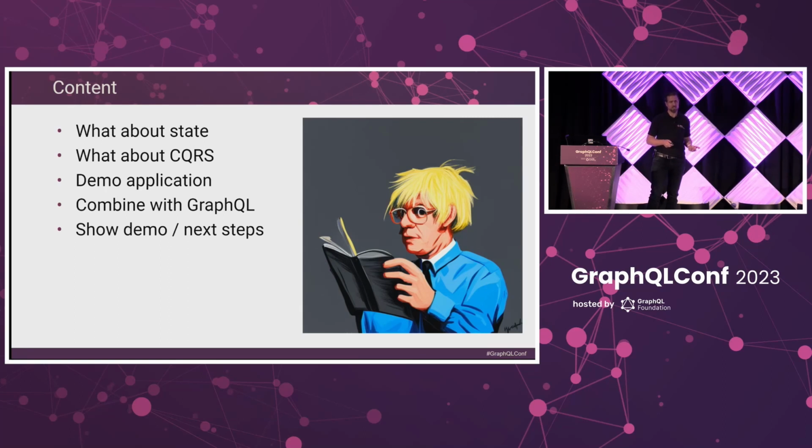Then how can you combine CQRS with GraphQL? So we'll go to the queries, the mutations, and also subscriptions, and how it plays nice with CQRS. Then if I have some time, I will show a quick demo and some next steps. Also if you're changing your data, how CQRS is helping you with that.